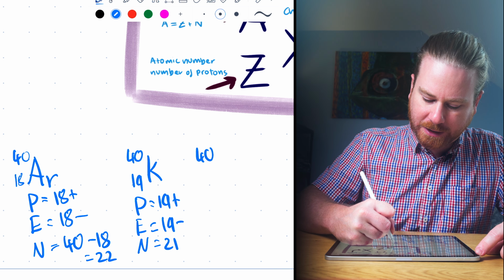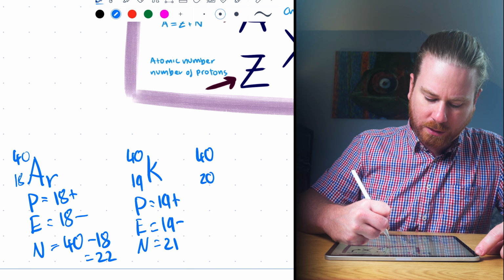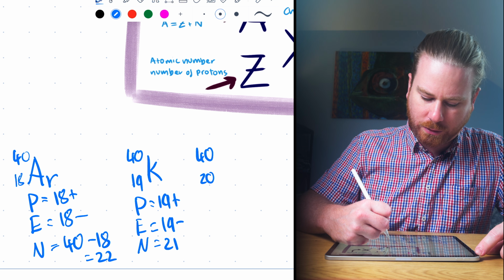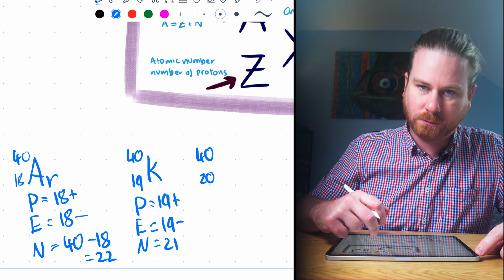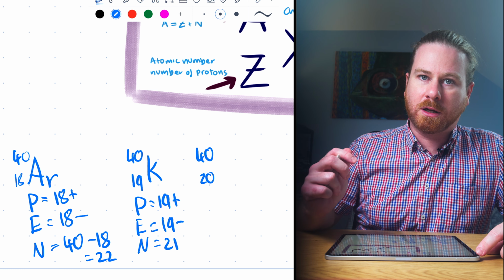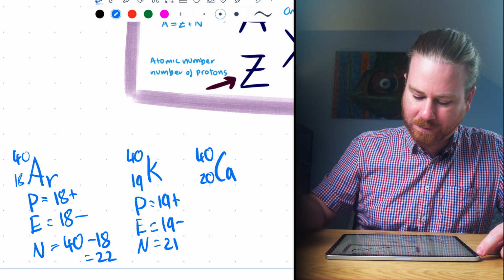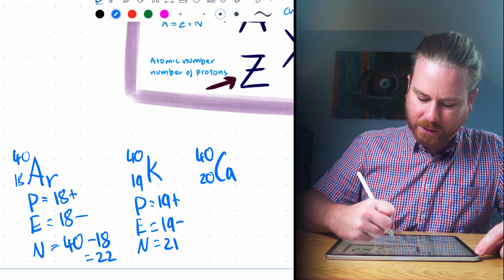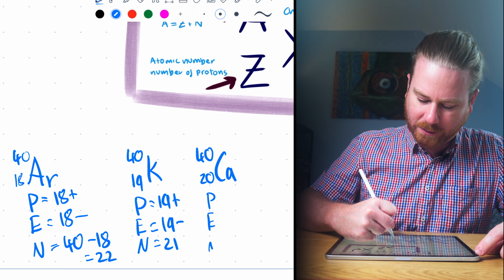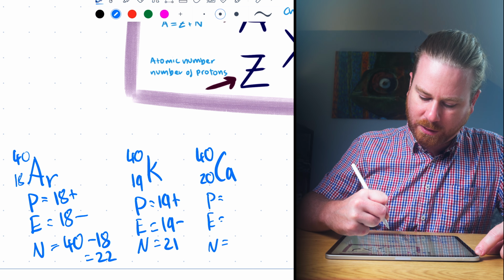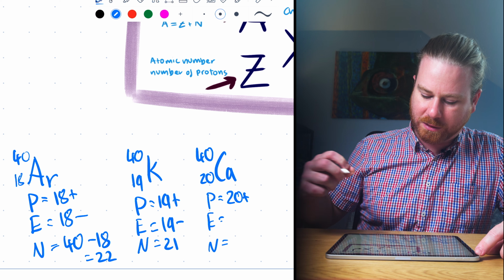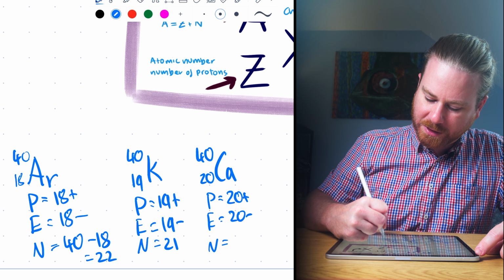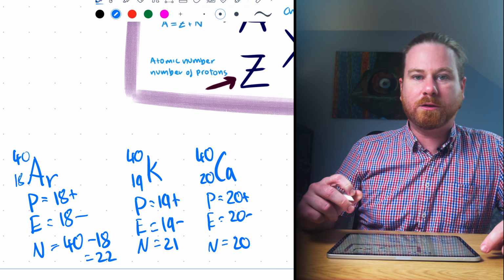And then finally we'll go for calcium. Calcium, PEN. So 20 positive protons, 20 negative electrons, and 20 neutral neutrons.